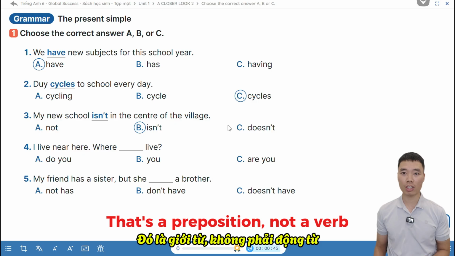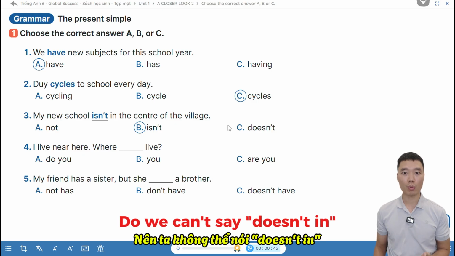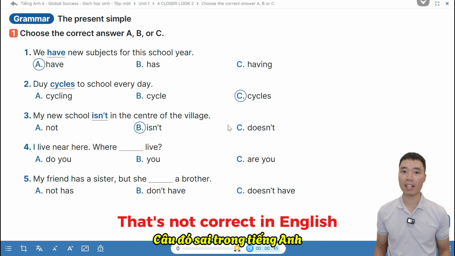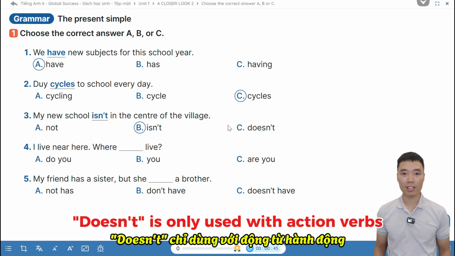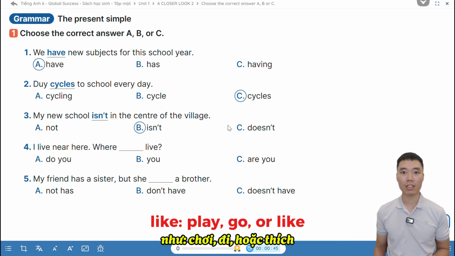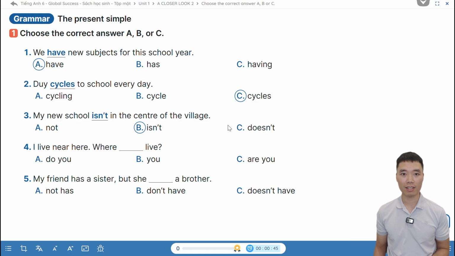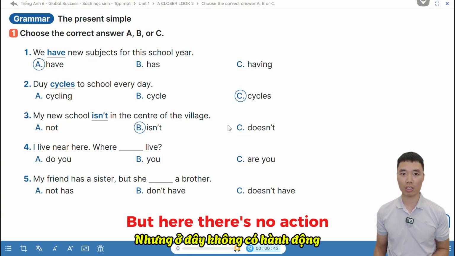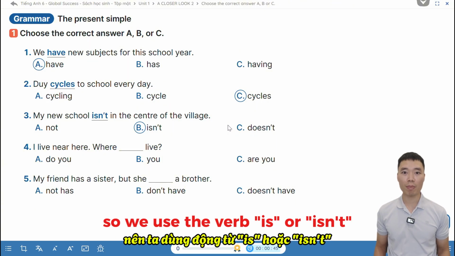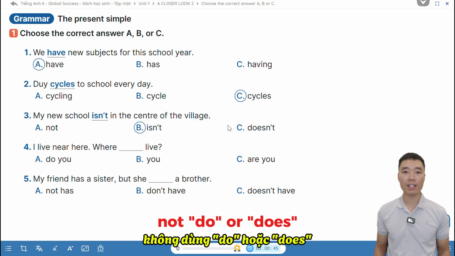That's the preposition, not a verb. So we can't say doesn't in. That's not correct in English. Doesn't is only used with action verbs like play, go, or like. But here, there's no action. So we use the verb is or isn't, not do or does.